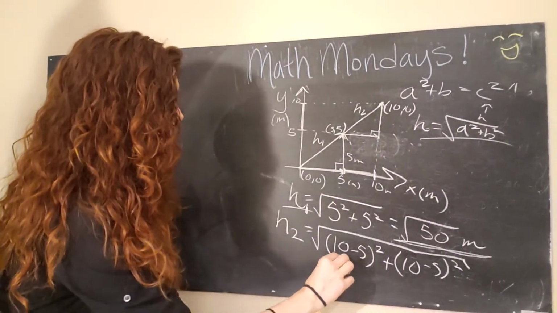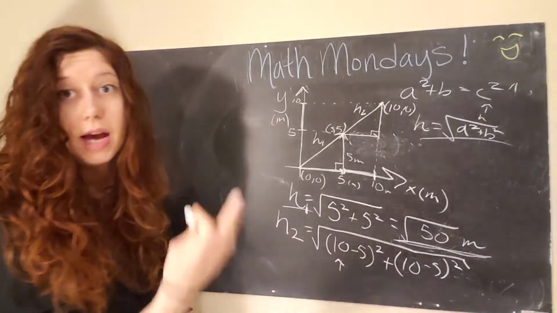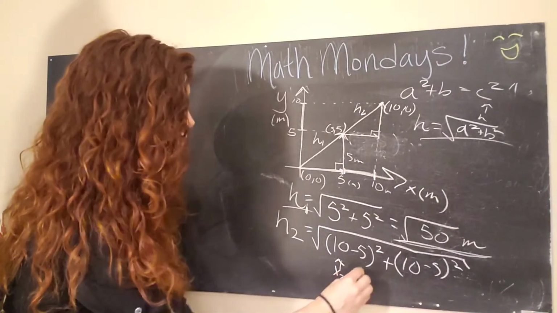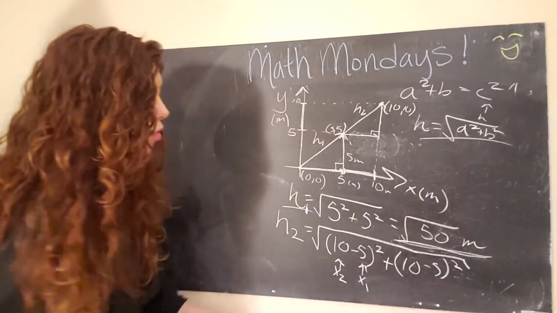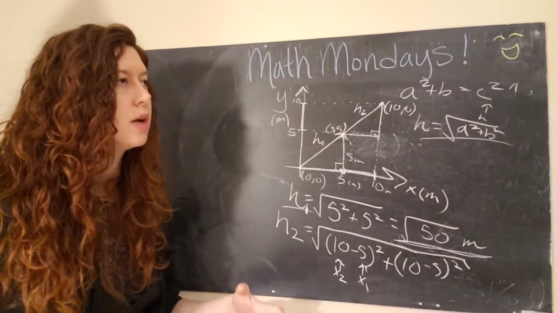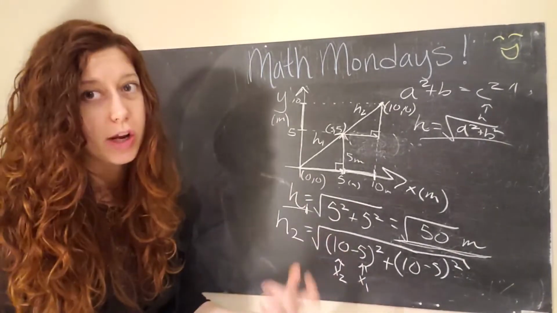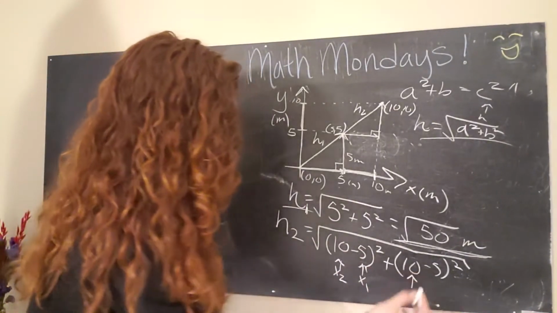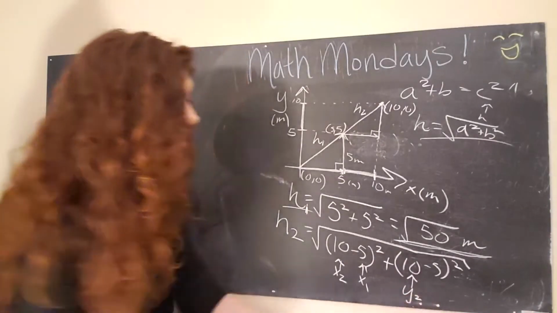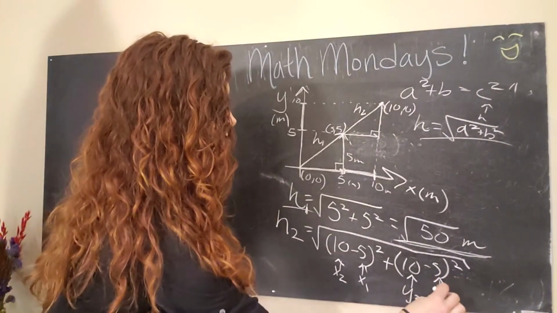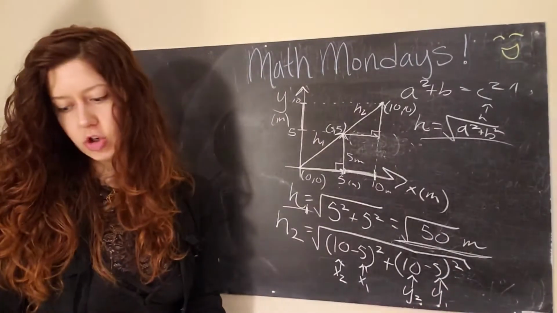And so if I were to generalize this, I would notice that this is x2 and this is x1, where this is the ending point in the x direction, and this is the starting point in the x direction, sorry. And this is the ending point in the y direction, and this is the starting point in the y direction.